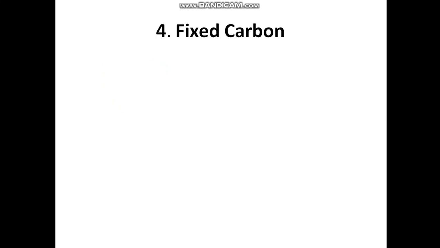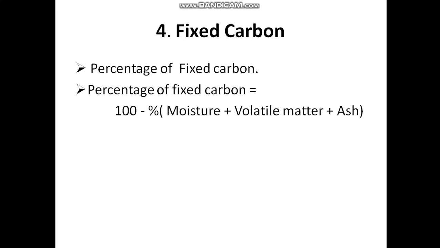Now we are going to calculate the fixed carbon, how we are calculating it. See here, the percentage of fixed carbon will be 100 minus the percentage of moisture plus the volatile matter and the ash content.